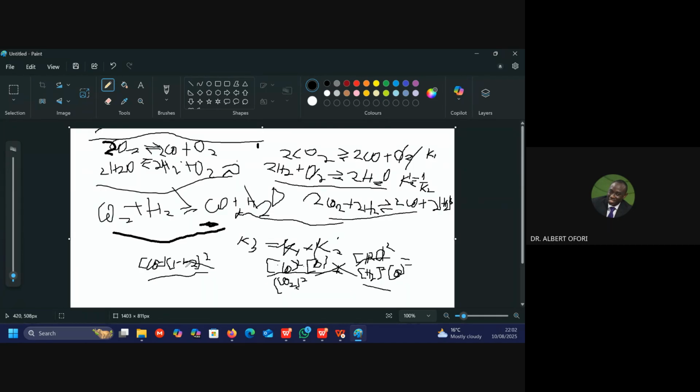Sorry, this is water, not hydrogen gas. Water squared divided by carbon dioxide squared, and then the hydrogen gas also squared.